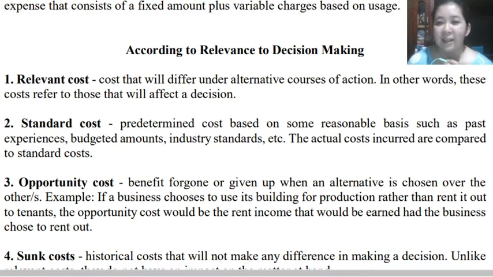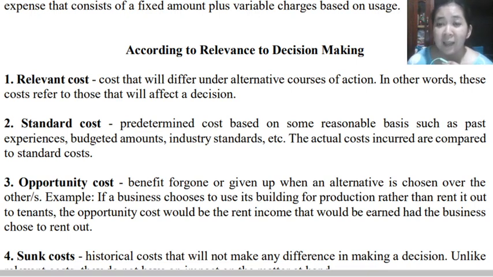These are the alternative courses of action that you will choose, and they have costs along with them which differ from one alternative over the other, which influences or affects your decision making. This is what we call relevant cost, or in simple terms, relevant costs are the costs that are present in one alternative but not in another alternative.